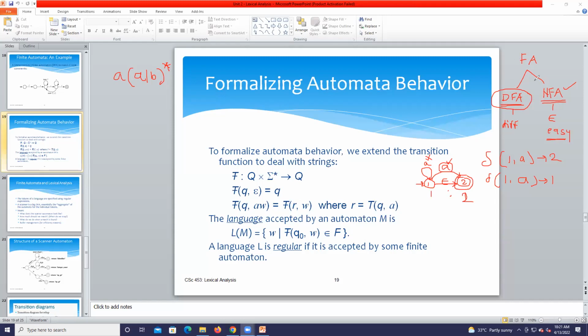Okay, so for that, we will take one example and we will start drawing the NFA for it, and then we will draw the equivalent DFA by using the algorithms.